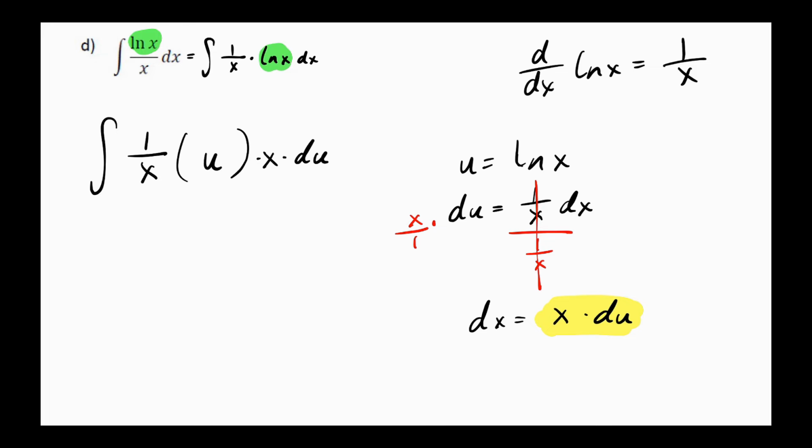Okay. I see I have some x's and u's. Do the x's take care of themselves? What happens when I multiply this guy and this guy? They make 1, right? They simplify, which is what I wanted, right? So now what I have left with is u du.